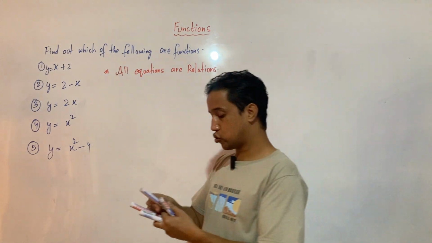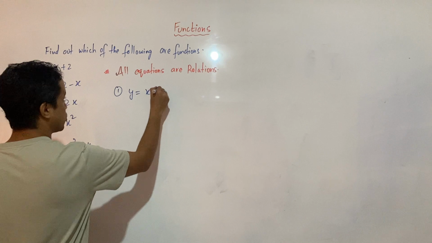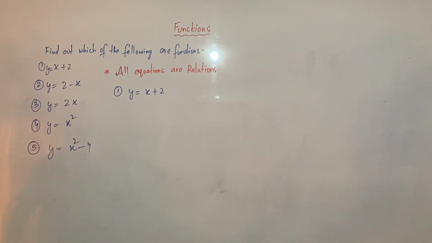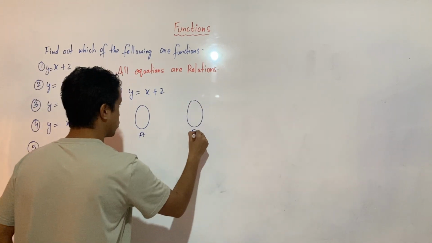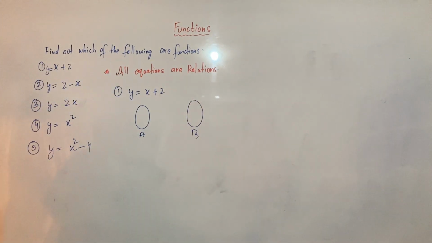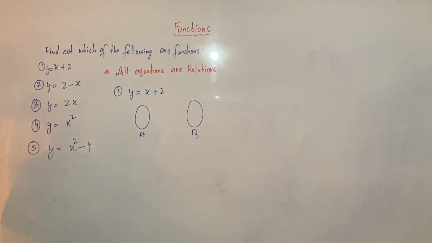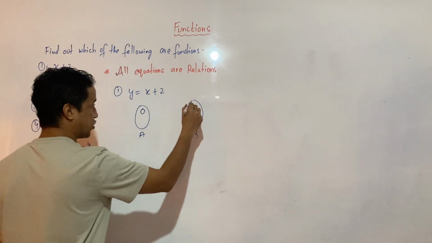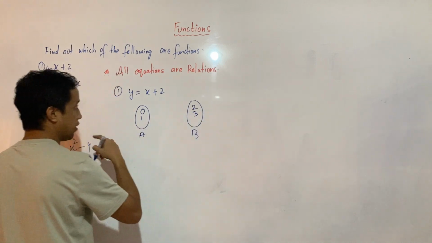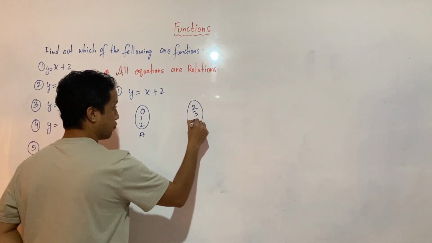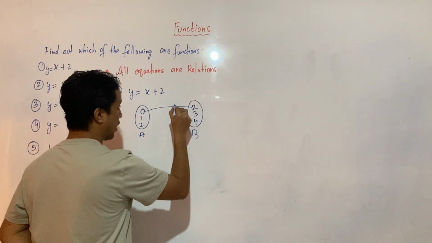Now let's come to the first, y equal to x plus 2. x represents input, y represents output. This is A input, this is B output. If you give x any value, for example, if x is 0, then y is going to be 2. If x is 1, y is 3. If x is 2, y is 4. So for each input you have one output.